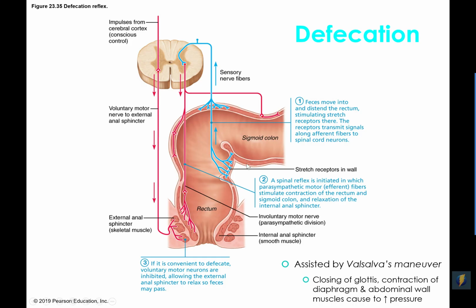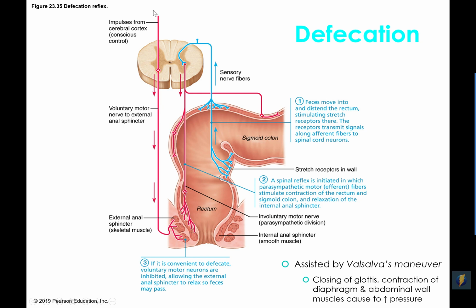So this is what defecation looks like. Essentially, as the feces moves into the rectum, it starts to stretch out the rectum, and that activates some stretch receptors there. That will activate the defecation reflex, a nice little spinal reflex, and that will lead to the relaxation of the anal sphincter.